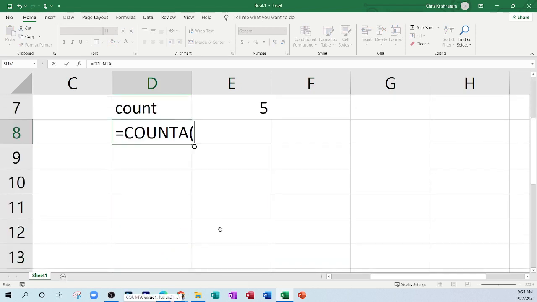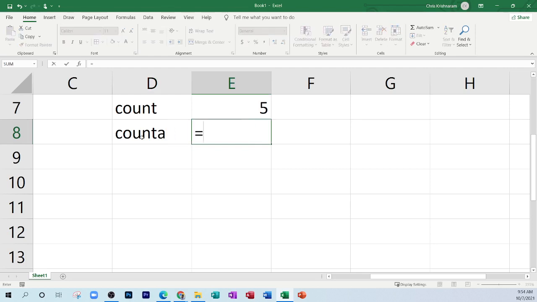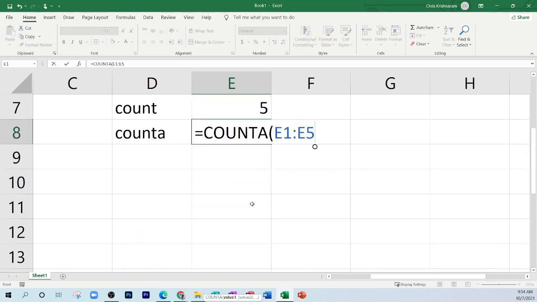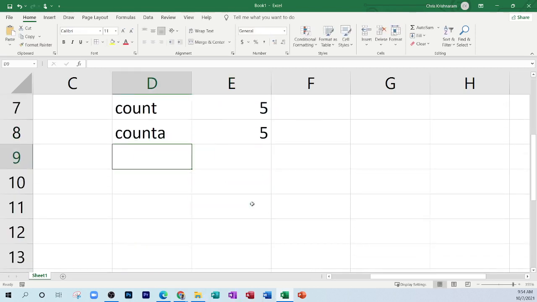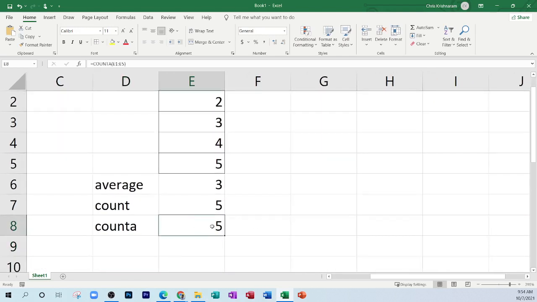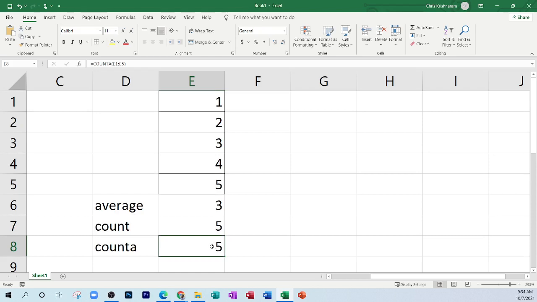So COUNTA, equal, open bracket, the range, and then we have our answer here. So notice it's the same 5.